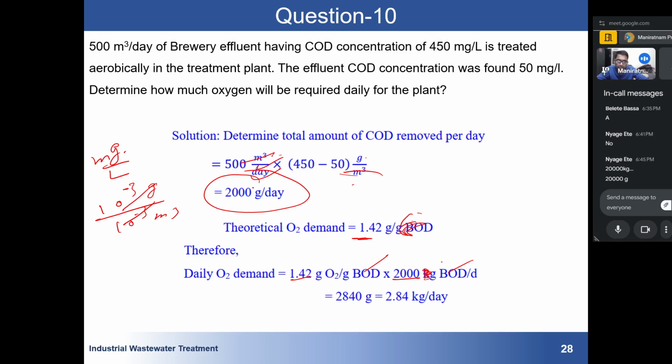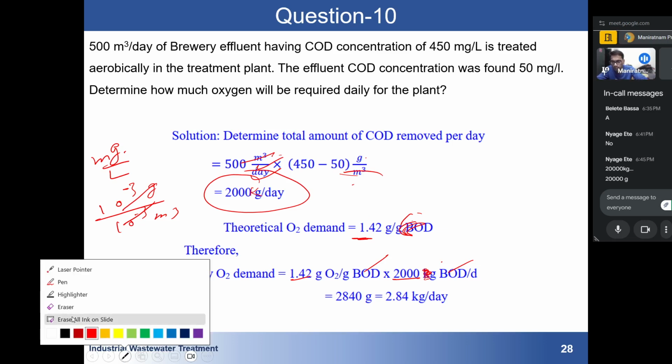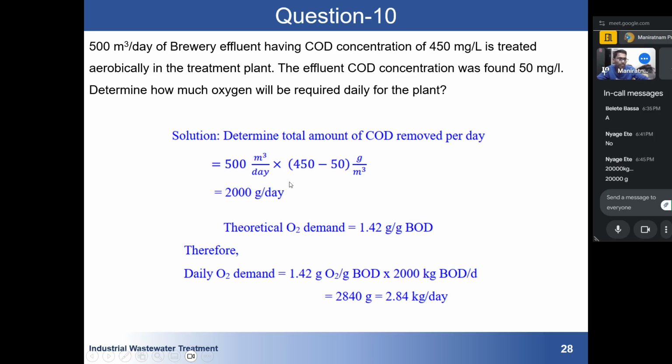It will be kg. I think there is some unit mistake, actually I have copy pasted. So here it will be 500 into 400, sorry, 400. So it will be 2000, that is 20 into 10 to the power 4.